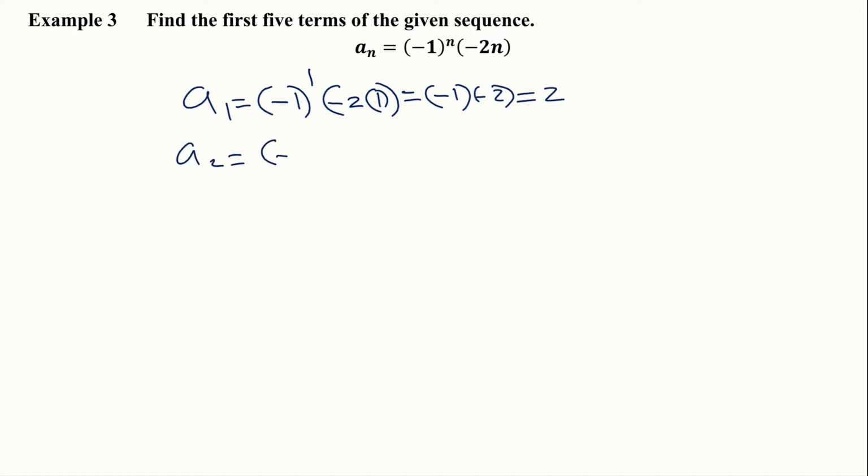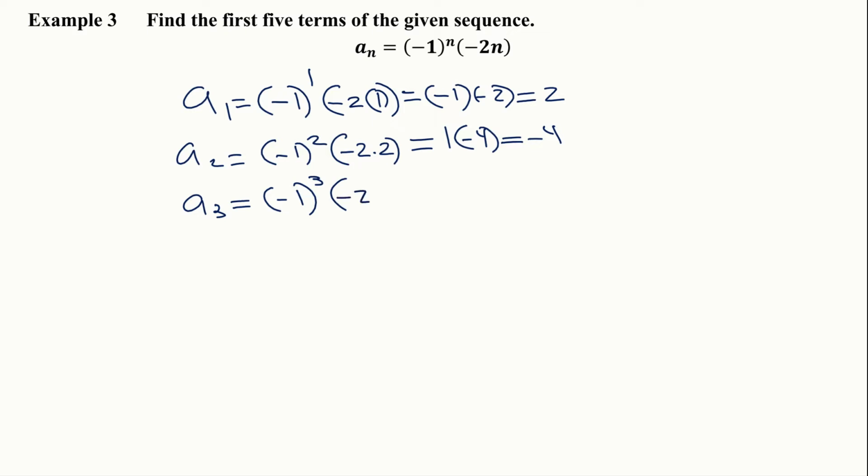a2 is going to be (-1) squared times (-2 times 2). So that's going to be 1 times -4, which is -4. a3 is going to be (-1) cubed times (-2 times 3), right?